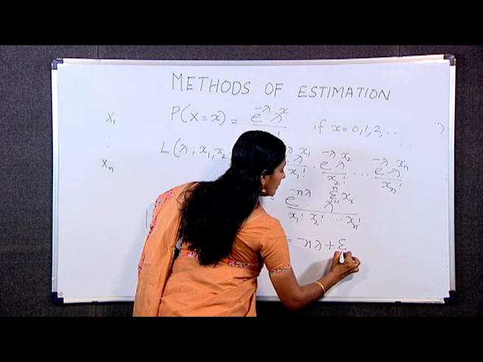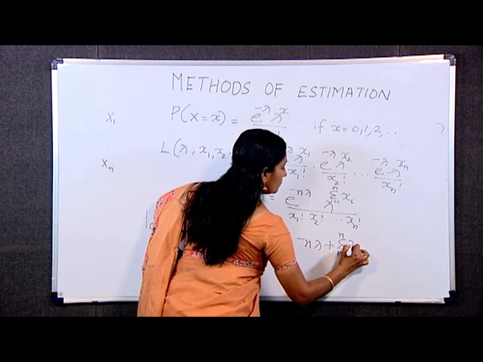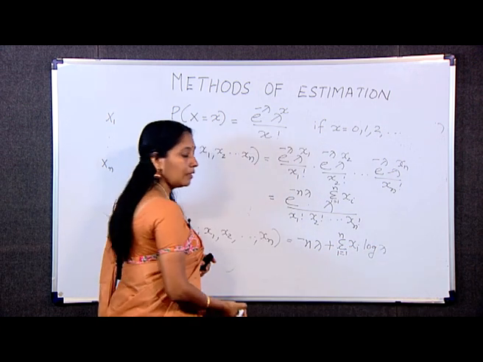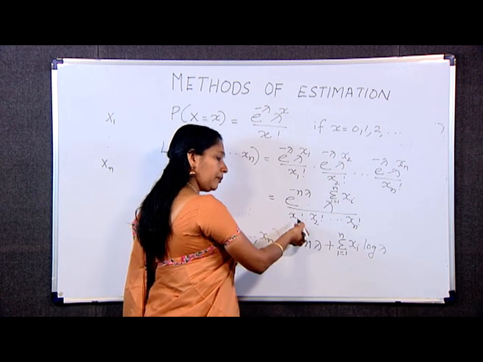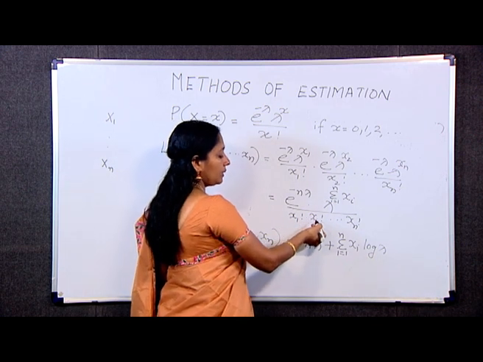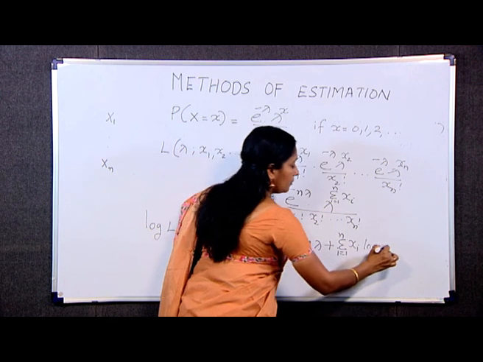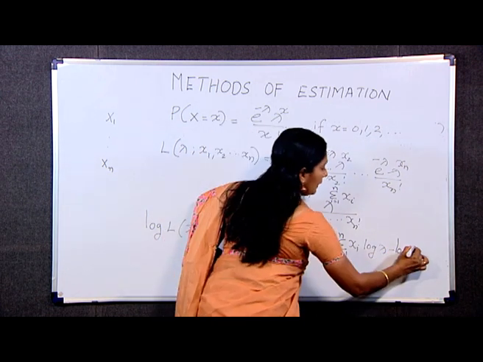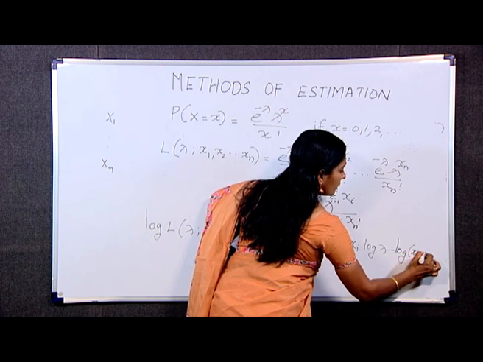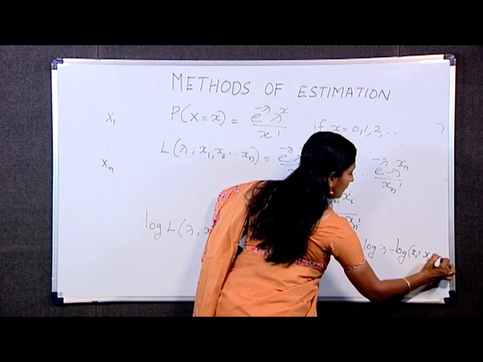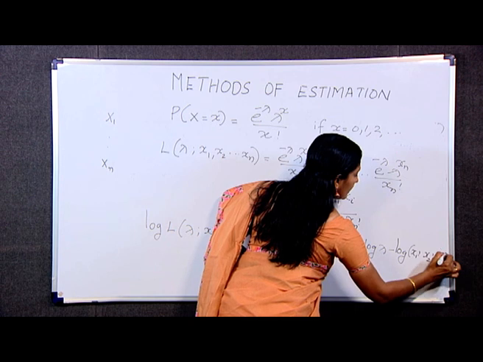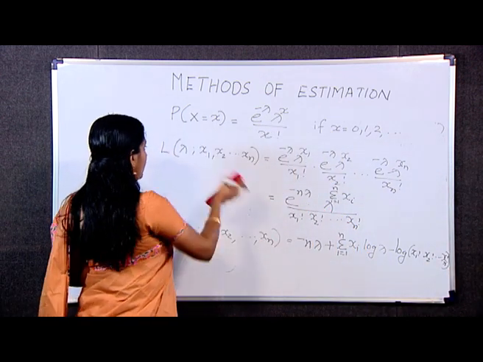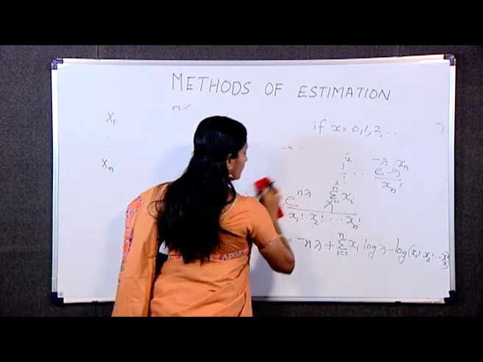So, it is summation i is equal to 1 to n xi into log lambda, minus logarithm of x1 factorial, x2 factorial, etc., xn factorial.